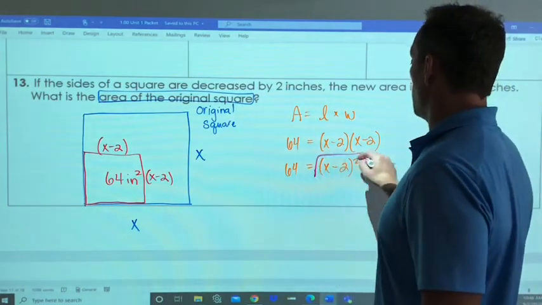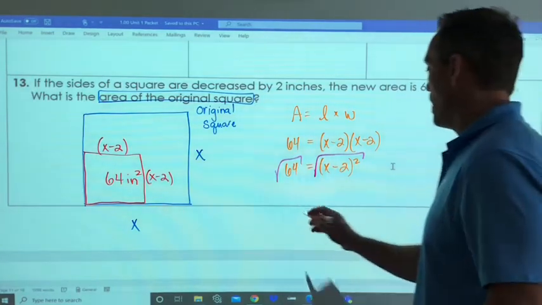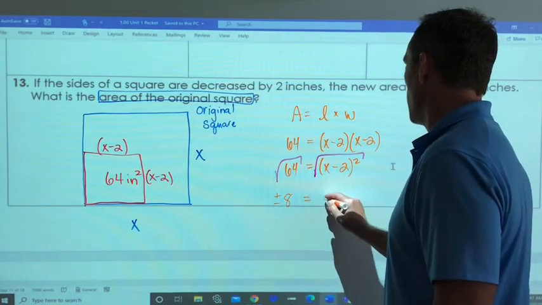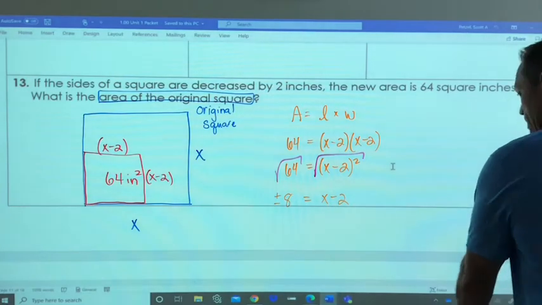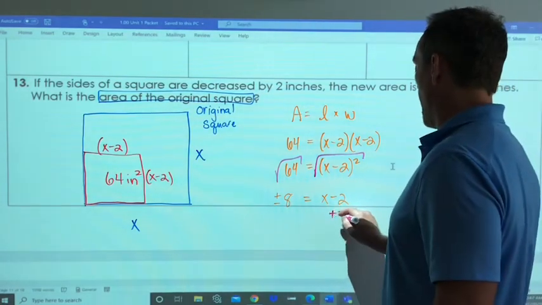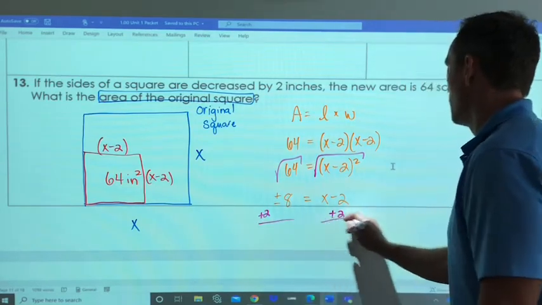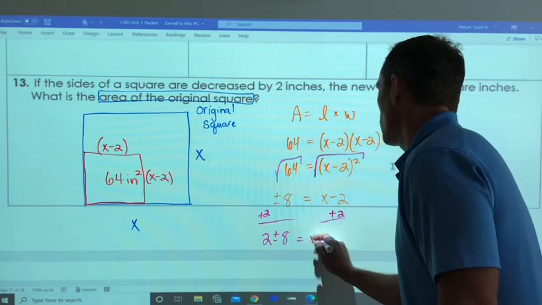Square root both sides, which leaves me at positive negative 8 equals x minus 2. Add 2, add 2. So I have 2 plus or minus 8 equals x.